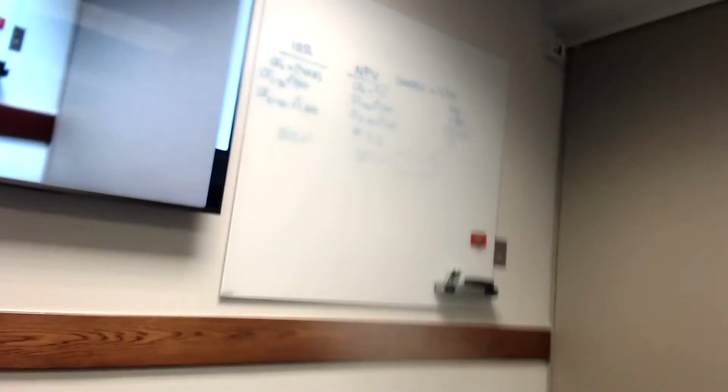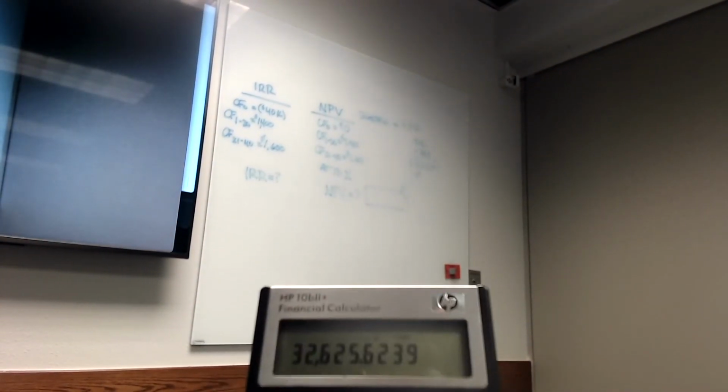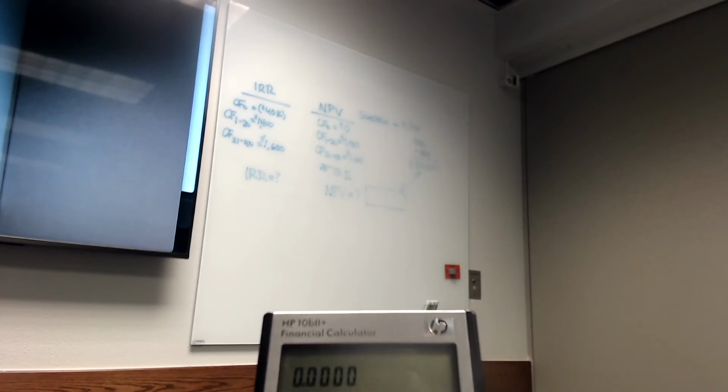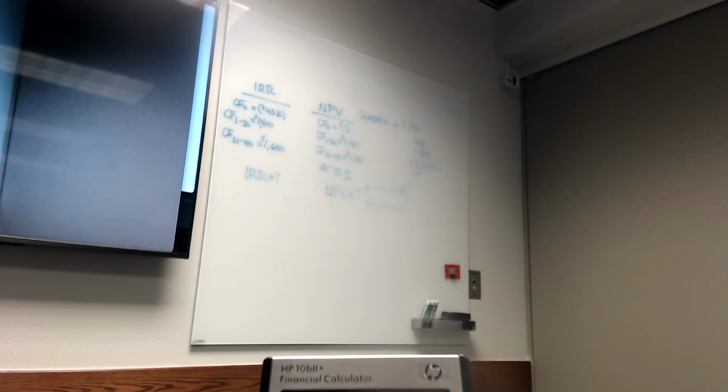Let me run you through both scenarios. First, the IRR way, where we solve for IRR, then solve for NPV, and then take that NPV and subtract it from the 40,000.